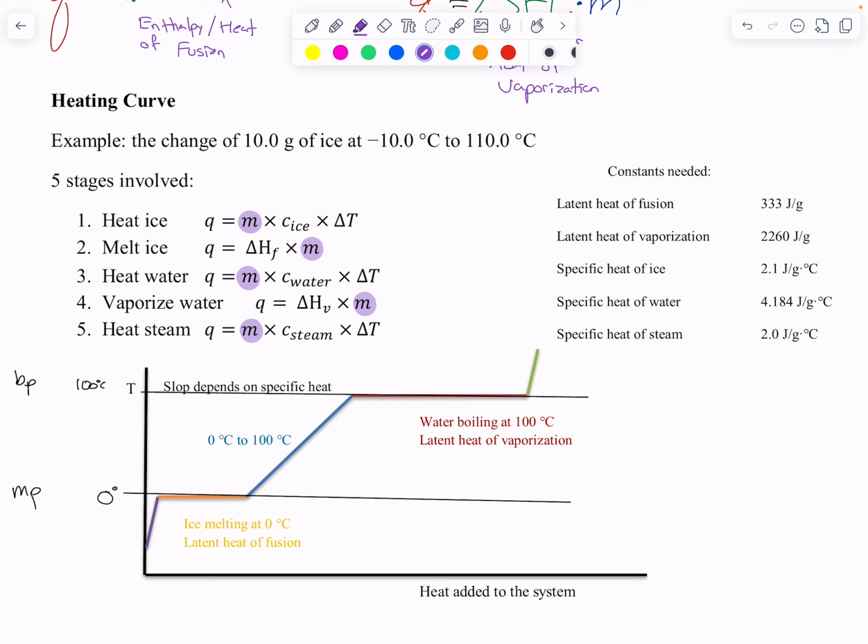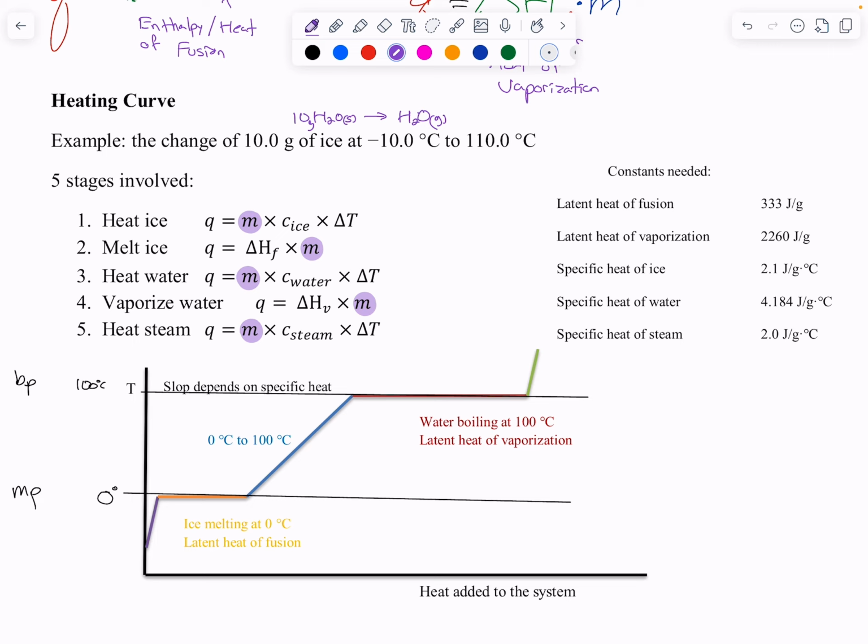You have 10 grams of H2O solid going to H2O gas. So 10 grams of H2O solid going to 10 grams of H2O gas. That's what's going on. Negative 10.